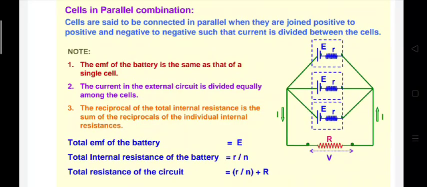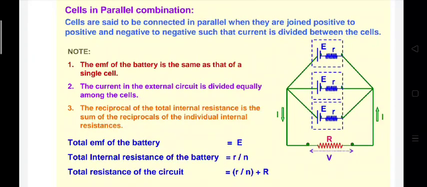The EMF of the whole combination is the same as that of a single cell E. The current in the external circuit is divided equally among the cells. The current I is flowing through the external circuit and it gets divided equally in all the cells.